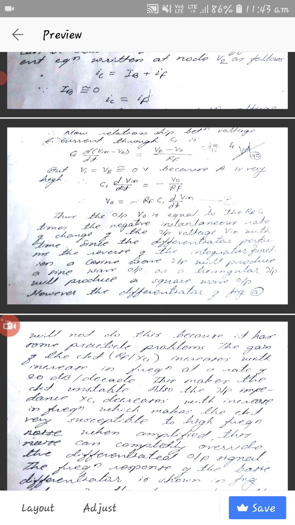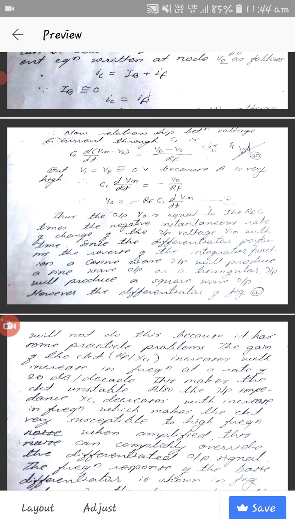A cosine waveform input will produce a sine wave output. In the integrator the input is a sine wave and the output is a cosine wave, but here it is totally opposite: in this differentiator the input is a cosine wave and the output is a sine wave. Or a triangular input will produce a square wave output.